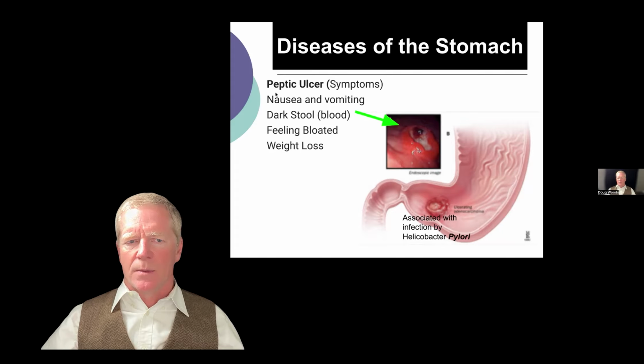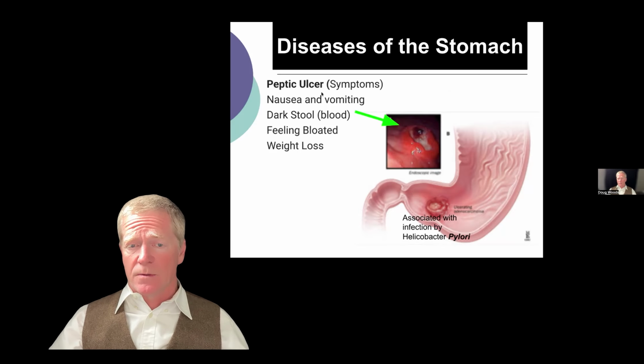And this can result in something called a peptic ulcer. If you are suffering from a peptic ulcer, it's a very painful condition. It can result in nausea, vomiting, and dark stool because of bleeding. So blood bleeding from the vasculature that's supporting the stomach can leak into the stomach.